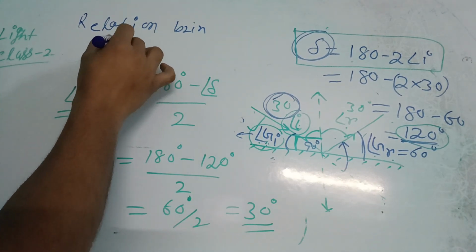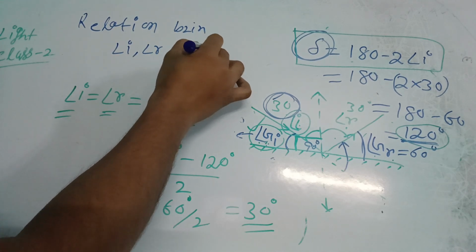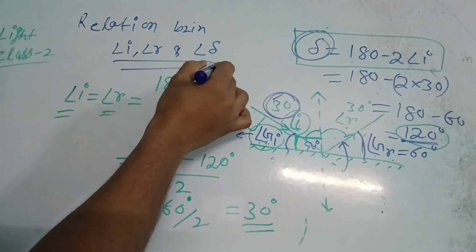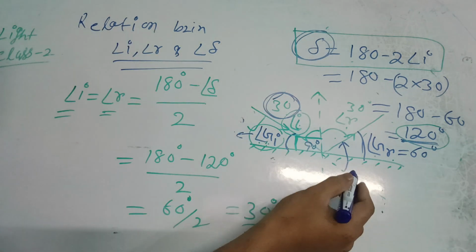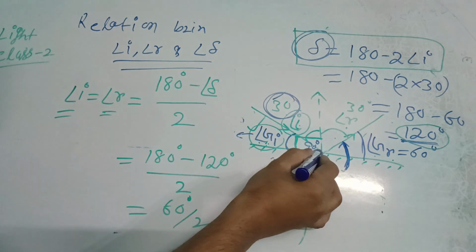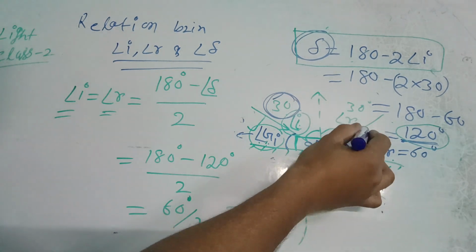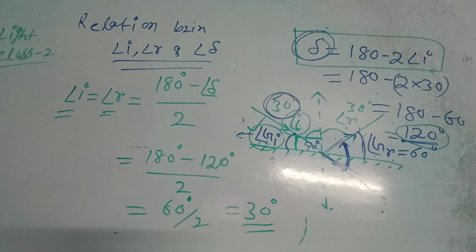What is delta? Delta is the angle of deviation. What is the angle of deviation? The angle of deviation is the angle between the extended incident ray and the reflected ray. This is the reflected ray. So the extended incident ray and the reflected ray make the angle of deviation.